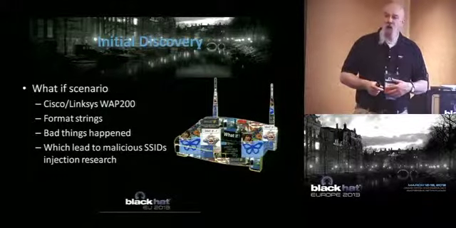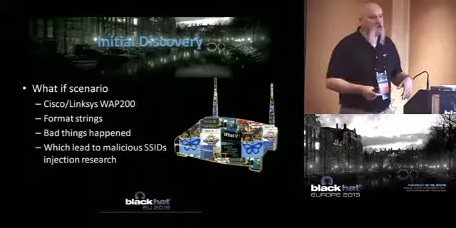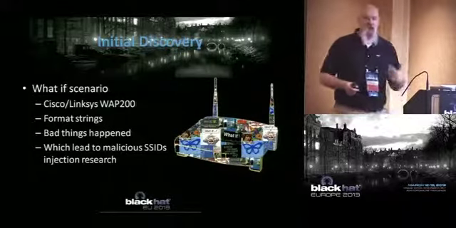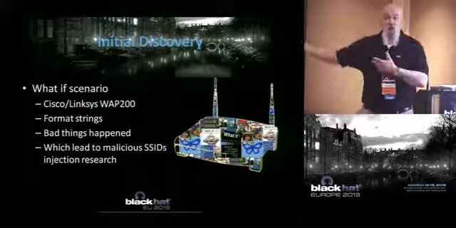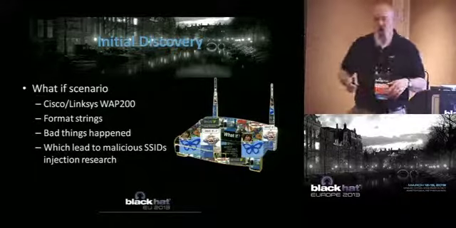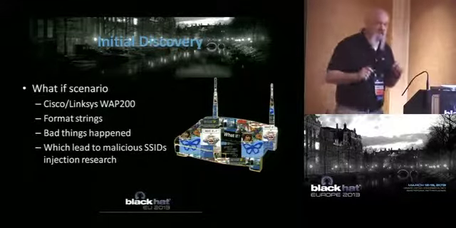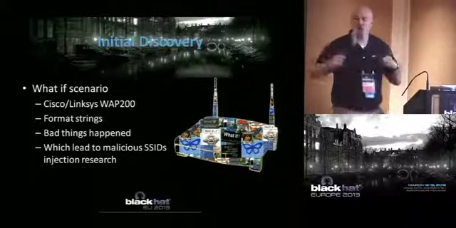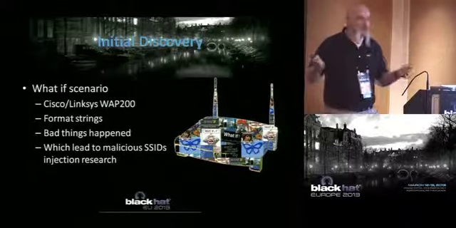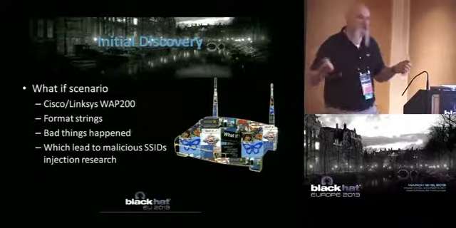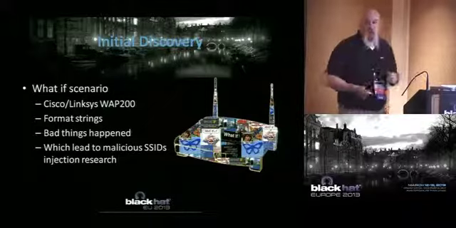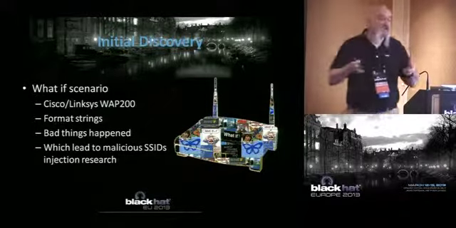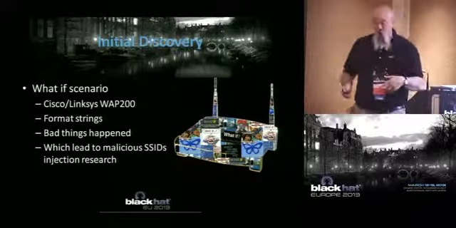And I go, what if? So I broadcast out an SSID containing format string specifiers and was able to trigger an exploit in these particular devices. So that's how this whole project started. From there, it moved on to, well, what else can I send out? What other products are vulnerable? And we've expanded it out and have tried to look at a number of products and a number of different vectors using SSID as the injection point.